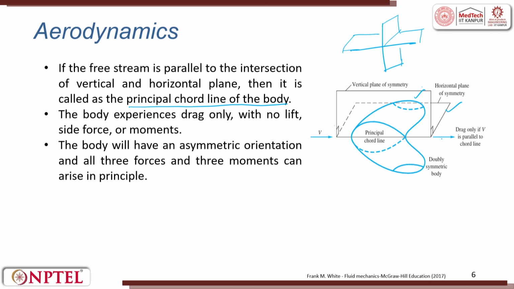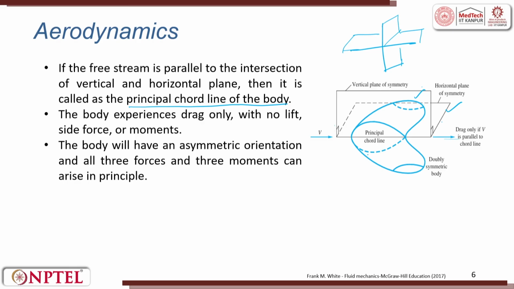So, a body which is there, so you can see here, this blue one is the body. So, this body whatever is there, it is trying to get moved. So, if the free stream is parallel to the intersection of vertical and horizontal plane, then this one is called as the principal chord line.